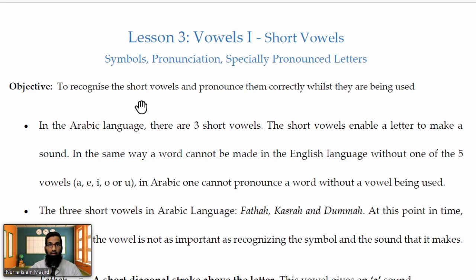So when you're putting the sound though, you just take the beginning of the seen word and you put sa, the beginning of the sheen word and you put sha, and the sad word and you put sa. So that's how you take part of the sound of the name of the letter and put the sound to the letter. Right? Everybody got that? Okay, good.